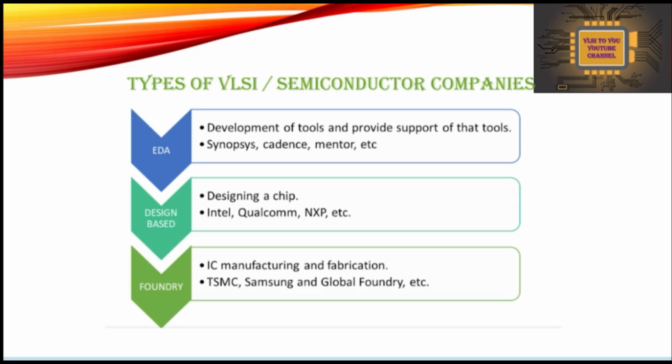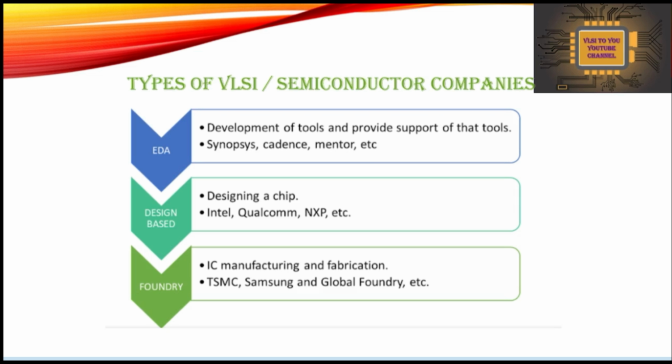And then coming to foundries. After designing, after the RTL coding of the chip and after the physical design of the chip, everything is done in the design based companies. Then it is the time of the foundries. In foundries, the chip manufacturing and fabrication is done.